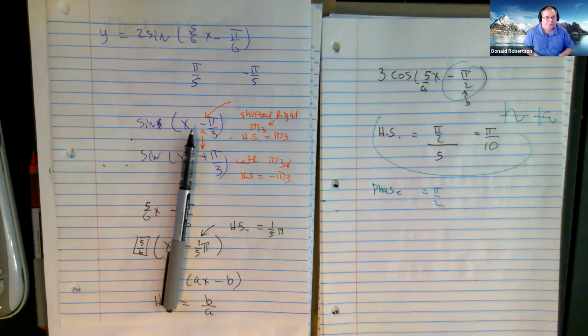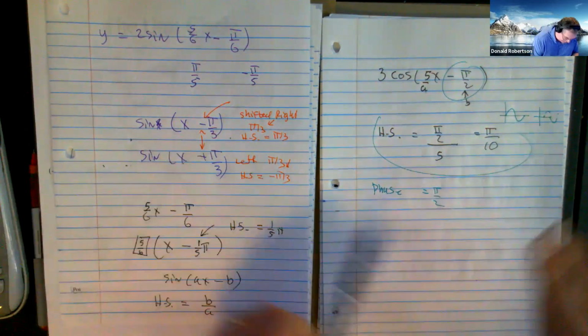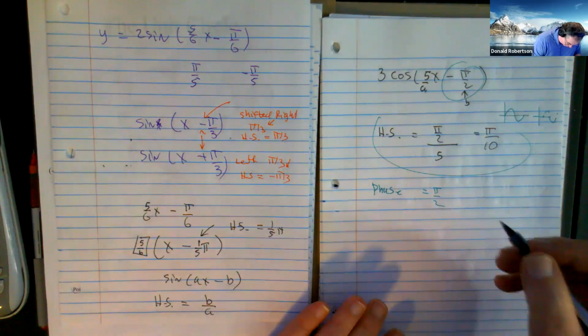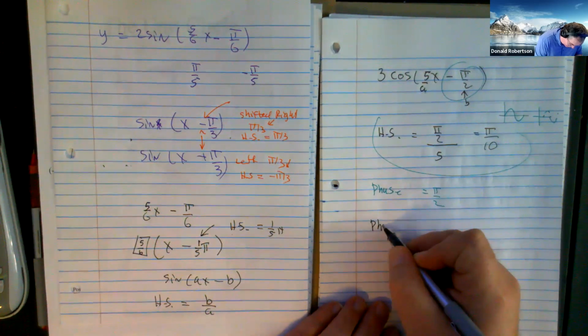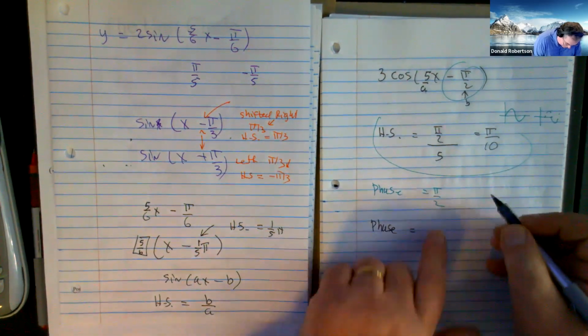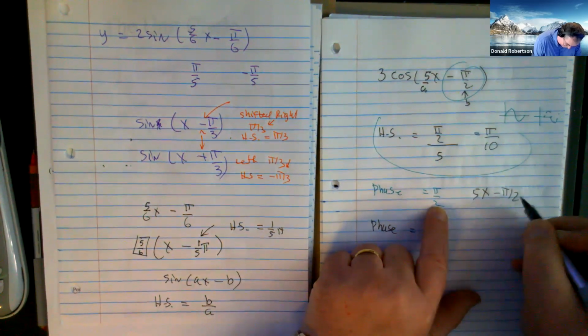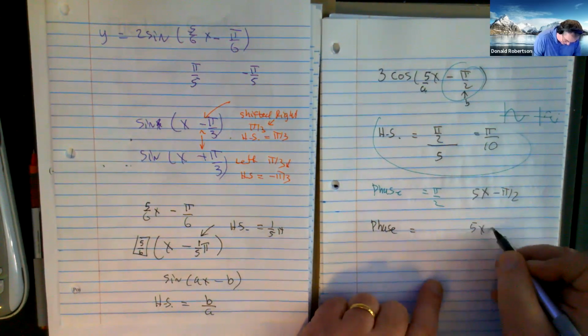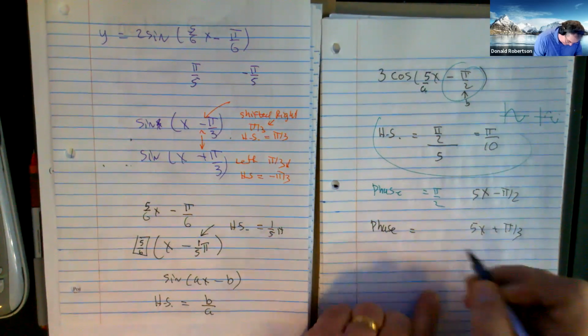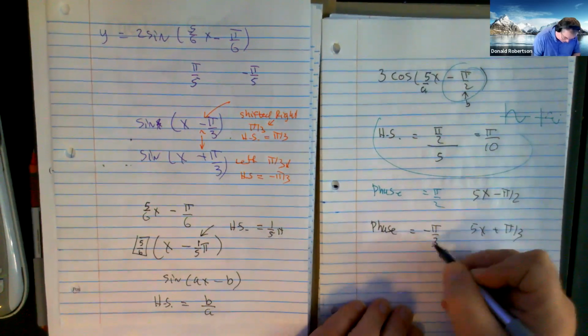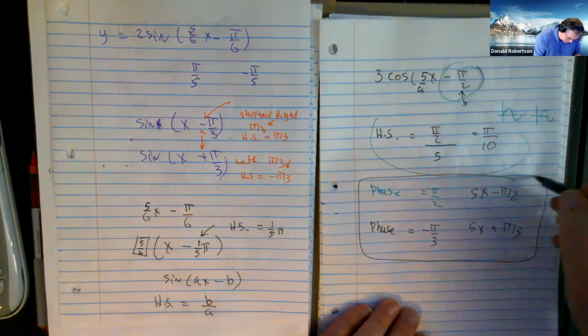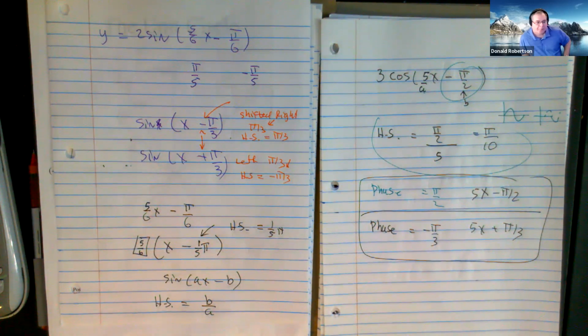And phase is this number, and it uses the same pattern as before. If it's like that, it's positive, and if it's like that, it's negative. Do you see how the phase follows that opposite sign pattern?